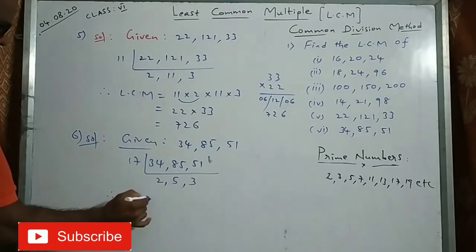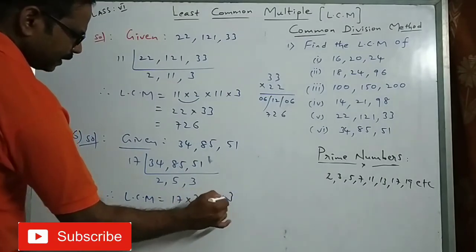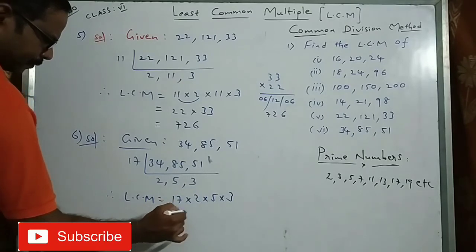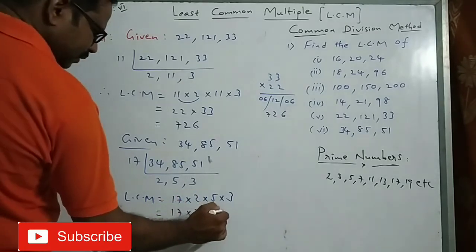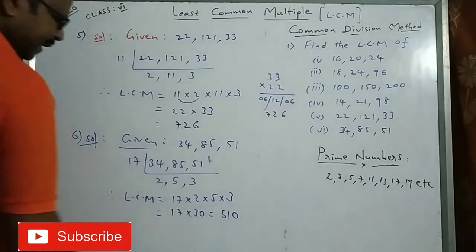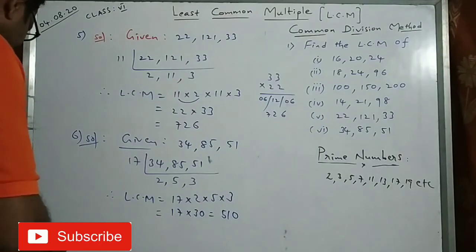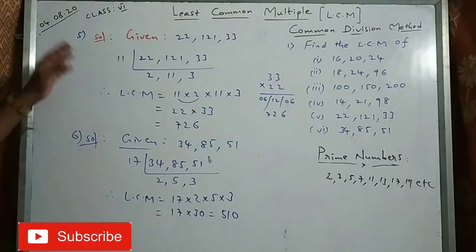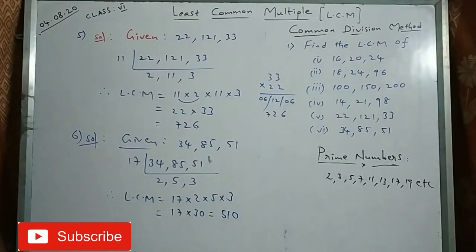Therefore, LCM is equal to 17 into 2 into 5 into 3. 2 5s are 10, 10 3s are 30. 17 3s is how much? 51. So 510. So 17 into 30 is 510. So what is the final answer here? 510. So this is the method of finding the least common multiple by the common division method.